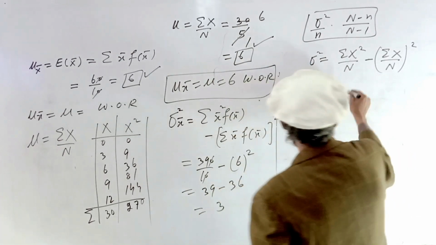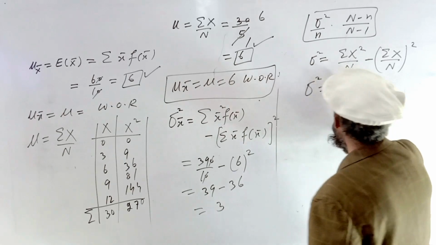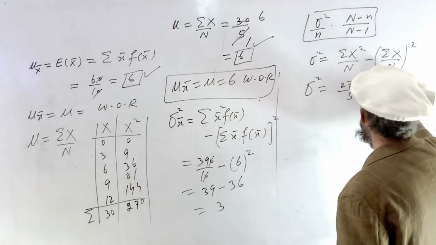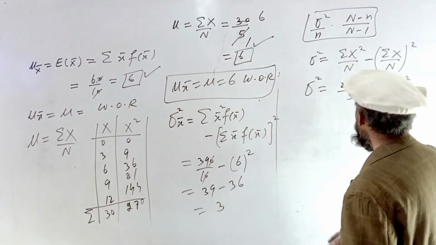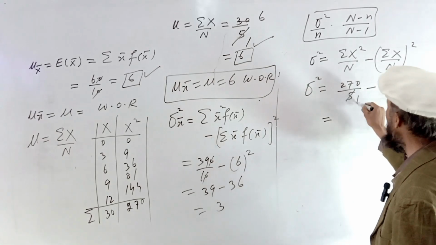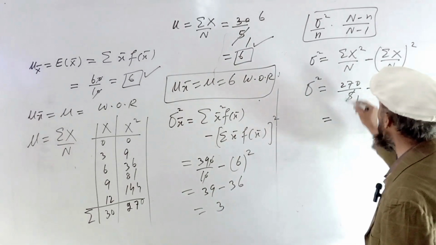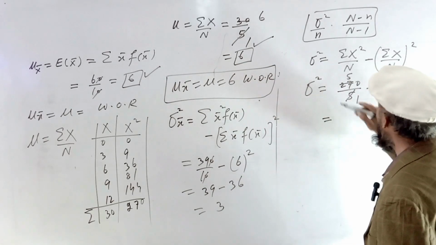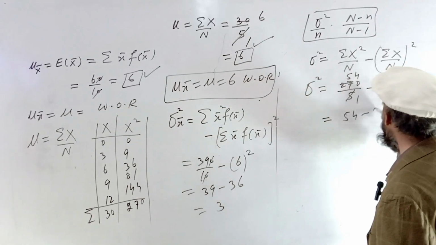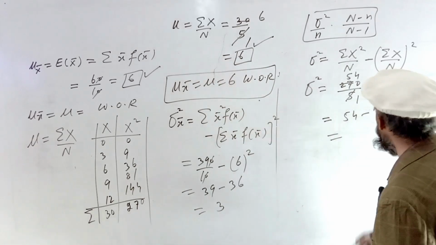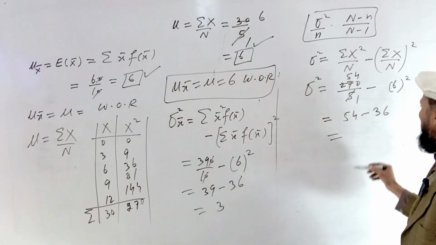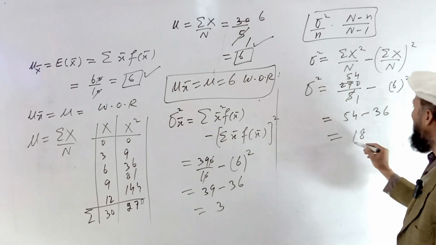Summation x square is 270 divided by N, which is 5, minus summation x divided by N, already done, 6 whole square. Now for sigma square, 270 divided by 5 is 54, 54 minus 36, we get 18.